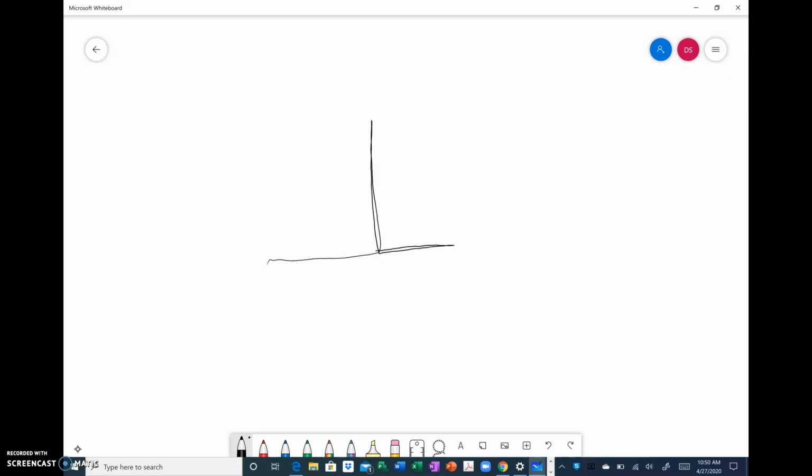So these two, that's a terrible drawing, but these 2 angles are adjacent because they have one common side and they meet at a point here, and that's their vertex. Okay? All right. So those are adjacent. Keep that in mind. We'll come back to it in just a second.